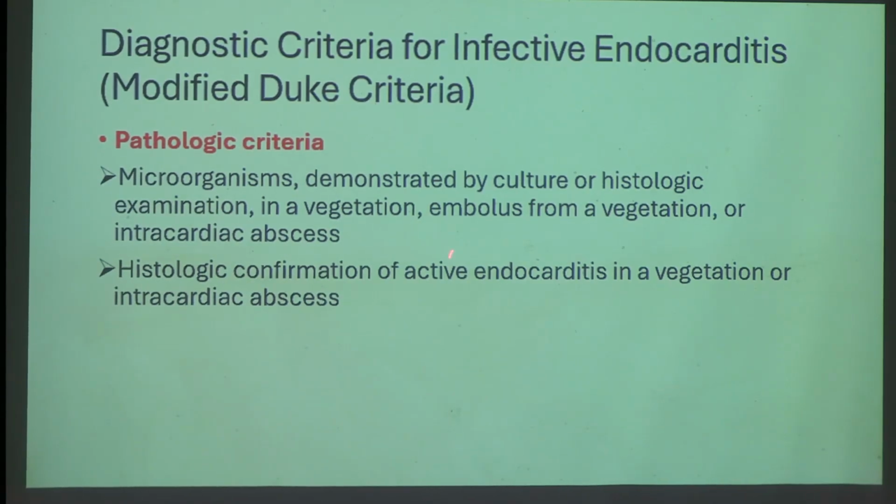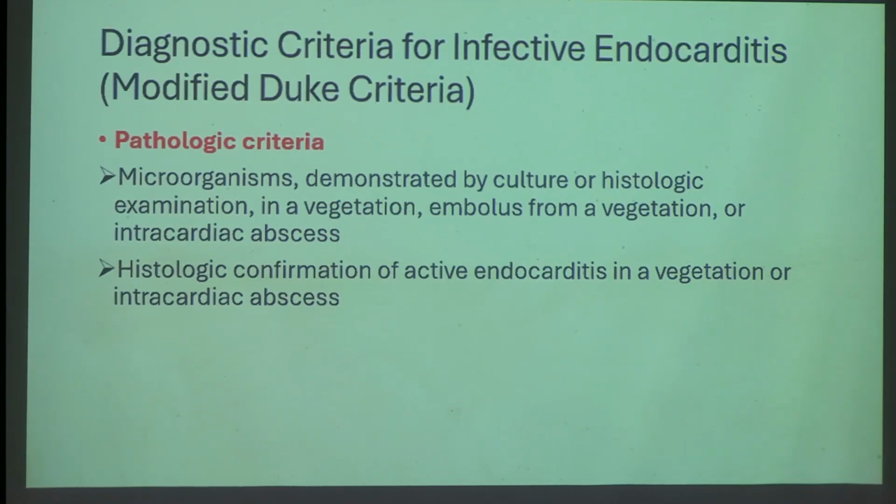So you can demonstrate it by culture, as I already told, Streptococcus, Staphylococcus you can't see, okay. You have to do it by culture. You can identify the organism by culture only, okay. So pathologic criteria rely on the culture, okay.